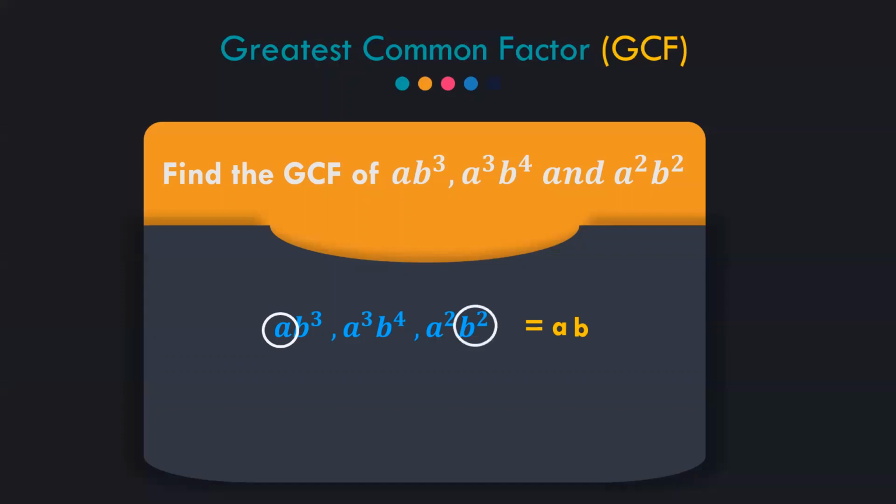And that is b squared. Kasi sa first term, we have b cubed. The second term, b raised to 4. Third term is b squared. So, it means that the greatest common factor of these variables is a b squared. So, kapag madaming variable na ang given, isa-isa niyong kunin yung kanilang common factor. Okay?